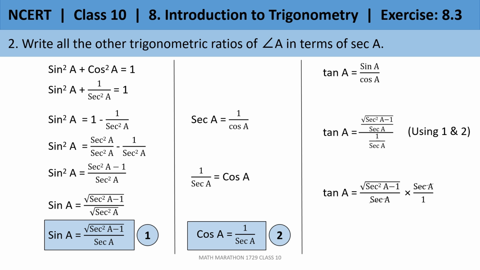In numerator and denominator, we have secant A. We can cancel out secant A. Tan A is equal to square root of secant square A minus 1. Now, we have the trigonometric ratio tan A in terms of secant A.